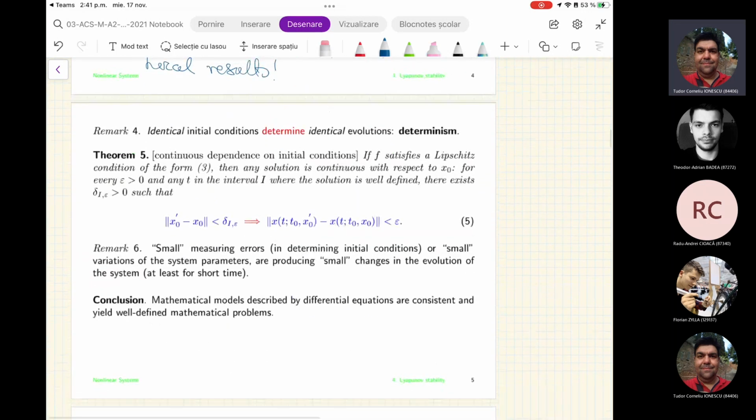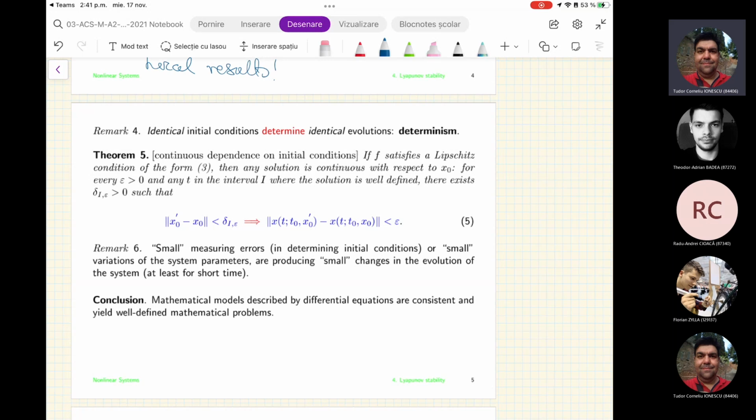And another very important result is that we can show that we have a continuous dependence on the initial conditions. This is very important, because if you have discontinuities in the initial conditions, things do not make sense, not in this context. You would have to redefine all the concepts of solution, uniqueness, and so on.